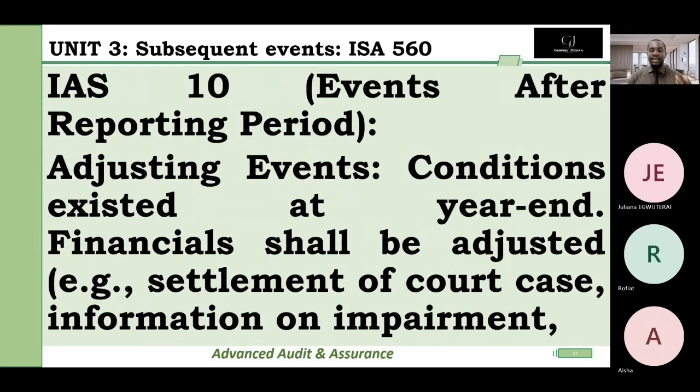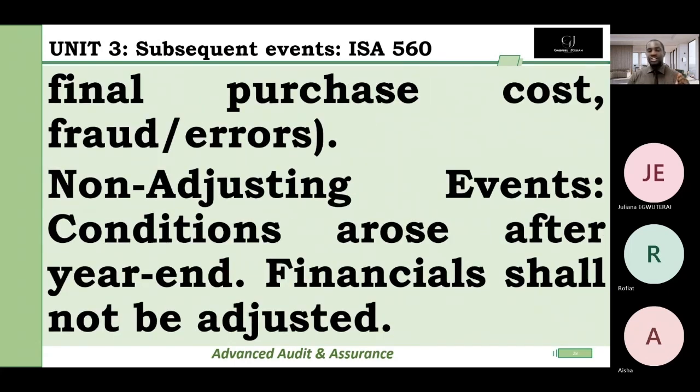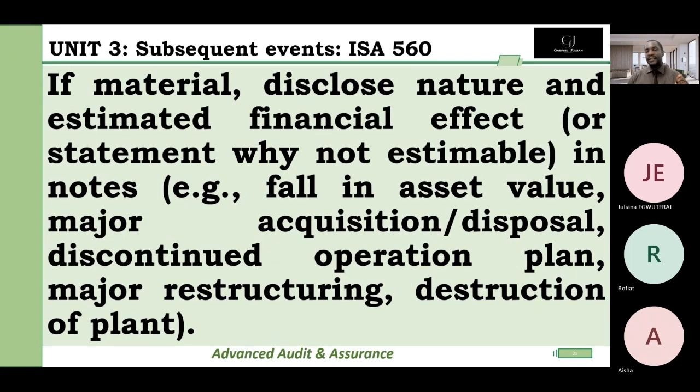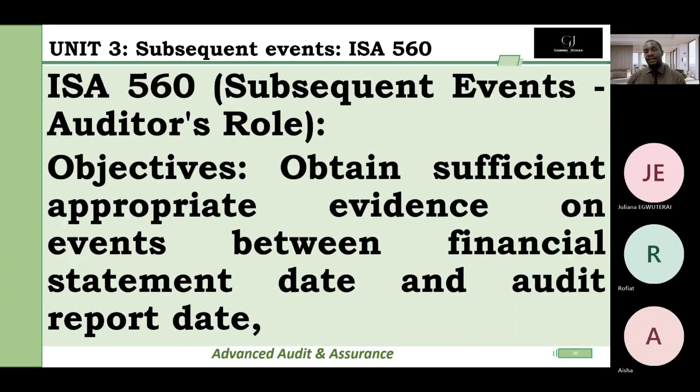Very important. So whether adjusting or non-adjusting events, we must not let our guard down on materiality. This is key. And ISA 560 is speaking to adjusting and non-adjusting events after reporting date based on IAS 10.